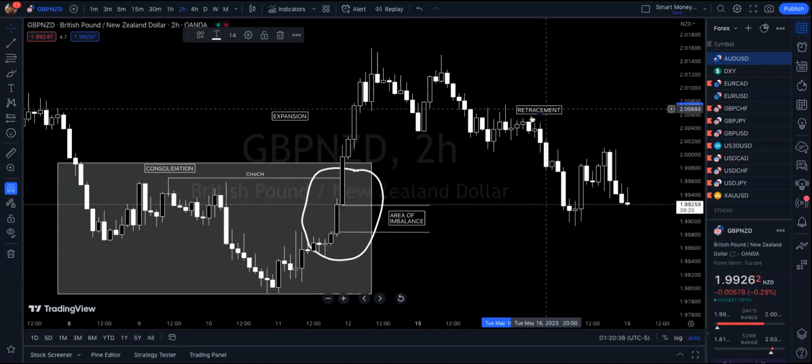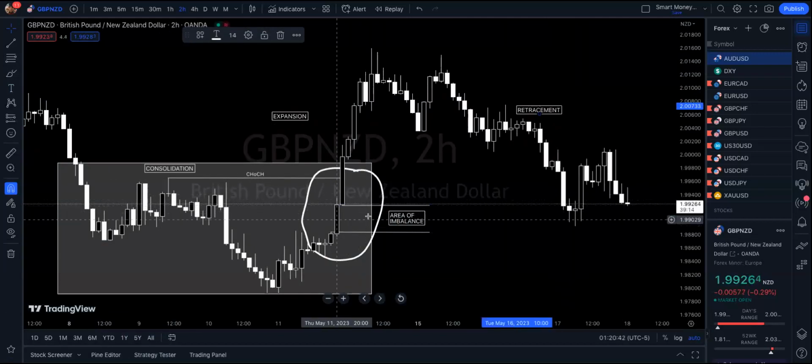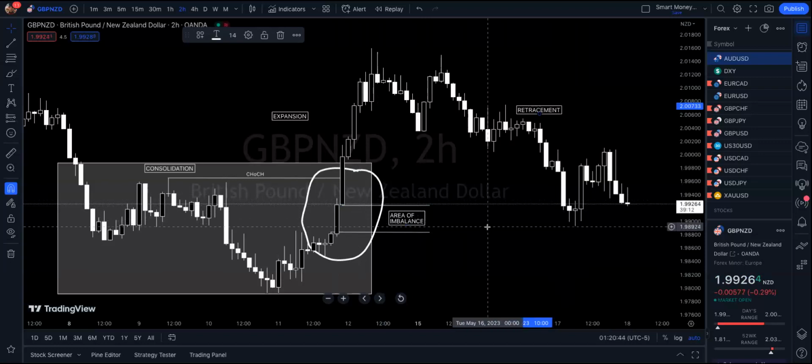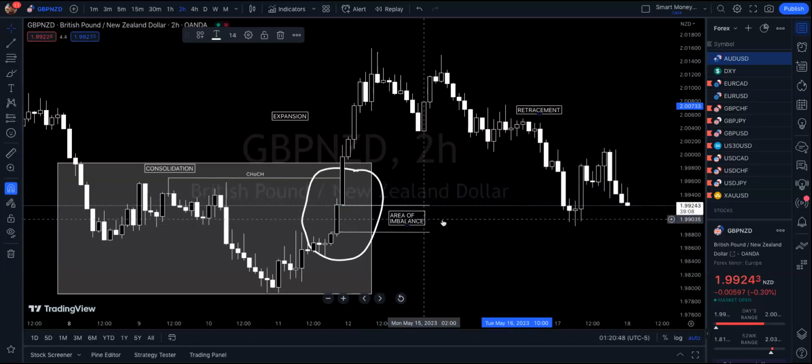So here we have retracement. Notice how it's coming down, coming down, coming down. When we get retracement, remember we had imbalance here? We want to see the market balance out. We want to see some balance here, okay?